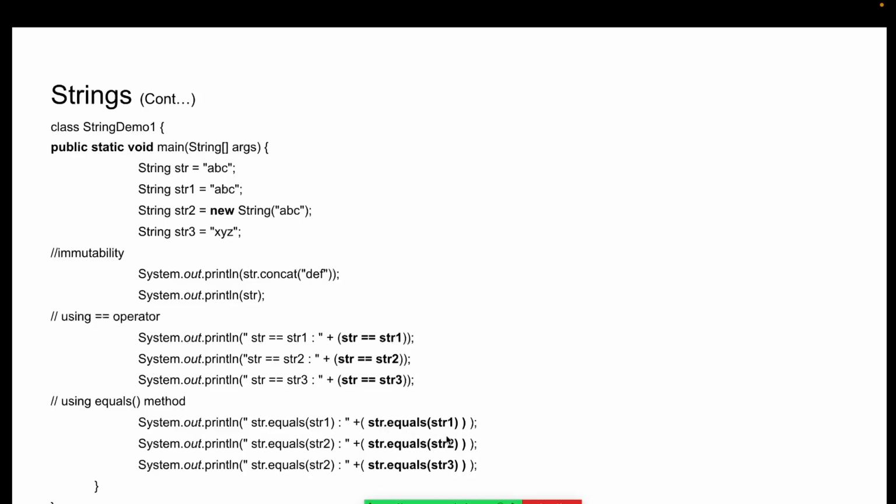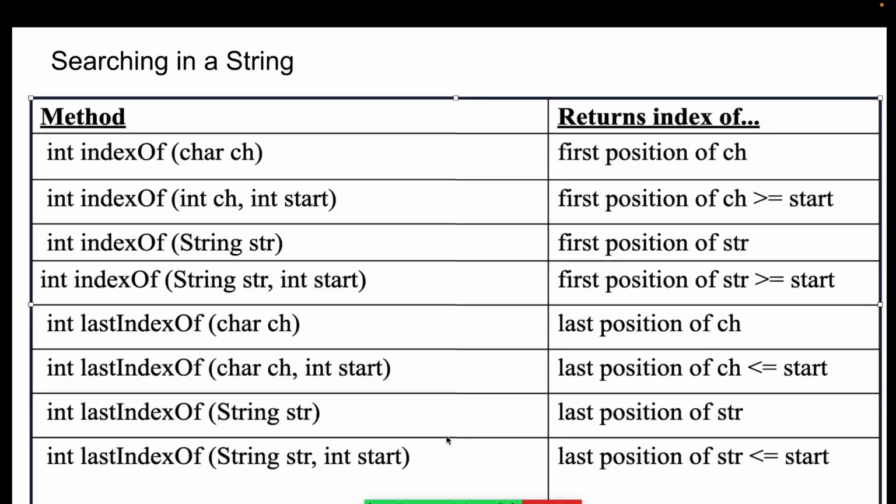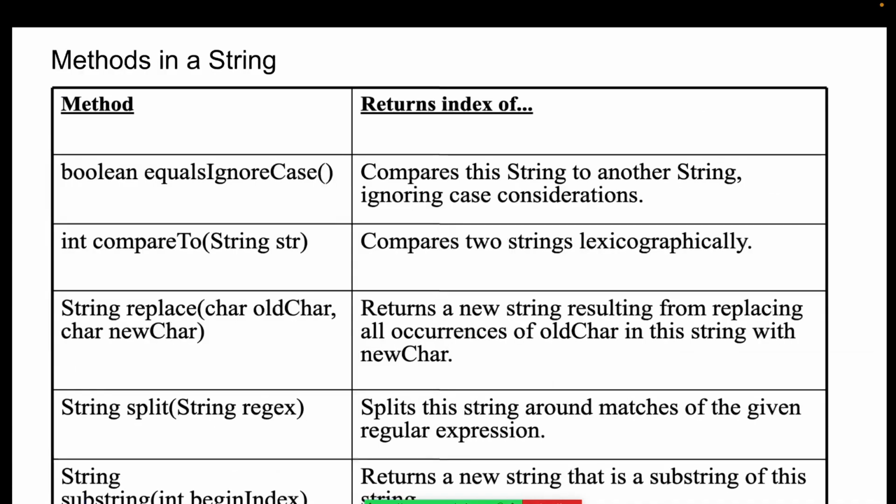You can use the equals method to see if the contents of two strings are equal or not. These are some of the searching methods that have been described here. So try to use these methods, print them out, create new strings, and explore as much as possible in all the methods of the string.